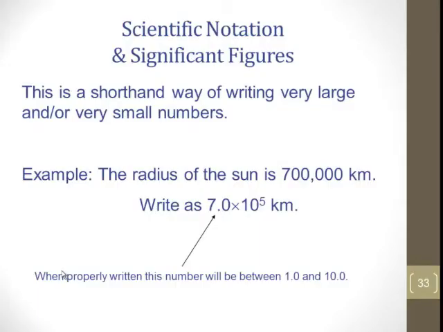Scientific notation and significant figures we've worked with in many different science classes, I'm sure. So in physics we talk about the very large and very small, so this becomes extremely important. Scientific notation, keep in mind, has to start with a number that is between 1 and 10, not including 10.